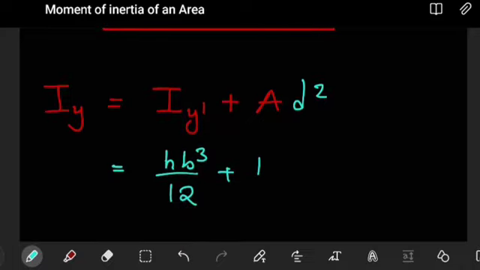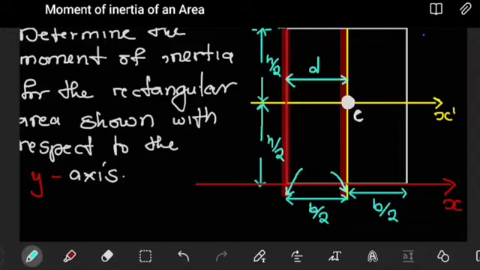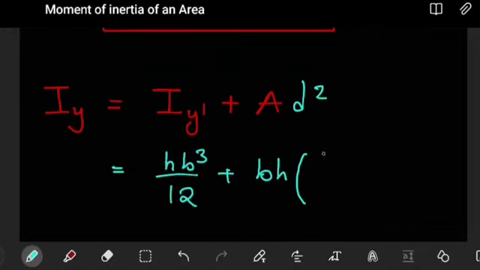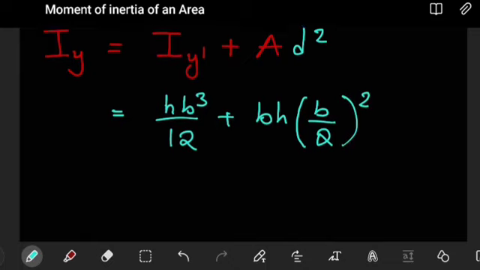This is still a rectangle, so we still have bh. Again, the full base is b over 2 plus b over 2, and the full height is h over 2 plus h over 2. The distance between the axes is b over 2, and we have to square it.